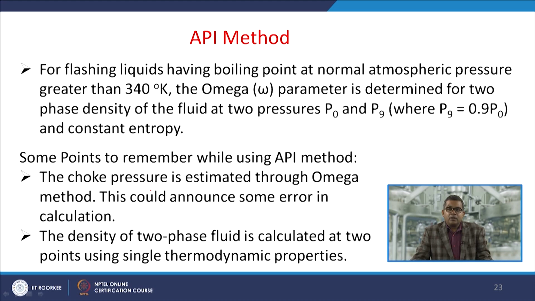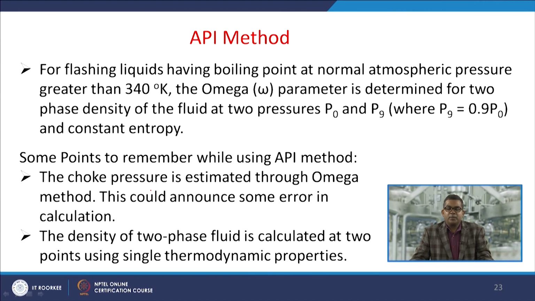Now, for flashing liquids having the boiling point at normal atmospheric pressure greater than 340 Kelvin, the omega parameter is determined for two-phase density of the fluid at two pressures, P0 and P9, where P9 is equal to 0.9 P0, and the constant entropy. So, entropy remains constant throughout.